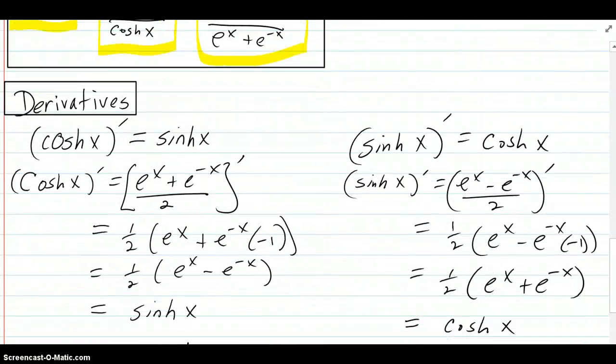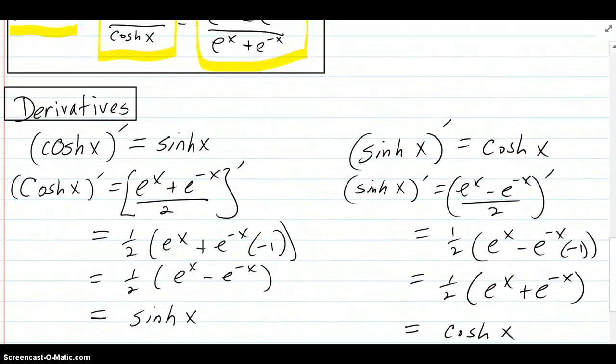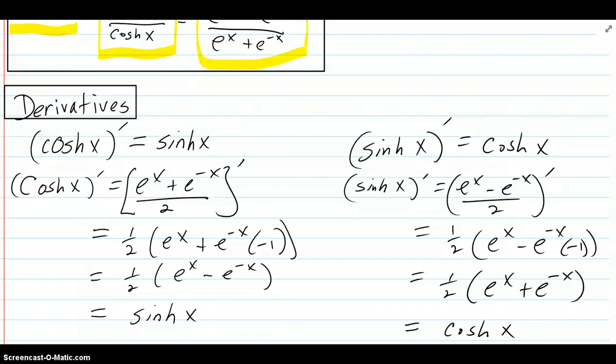Then as far as derivatives are concerned, those almost match up, but not quite to regular trig. The cosh derivative is equal to sinh, and these are the steps here that show that. And you're expected to know how to do that on a test.